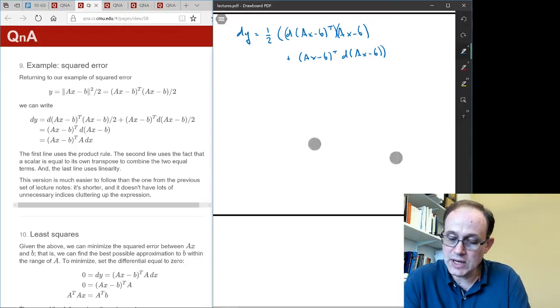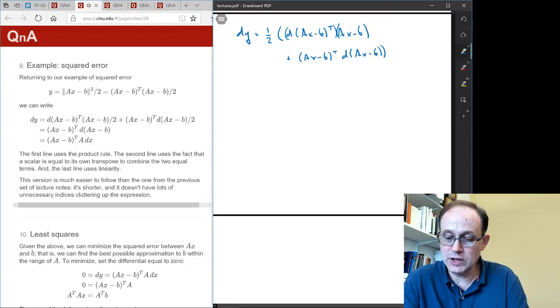And then when we expand this out, we know that transpose is a linear operator, multiplication by a constant matrix A is a linear operator, and so we just push the D inside.